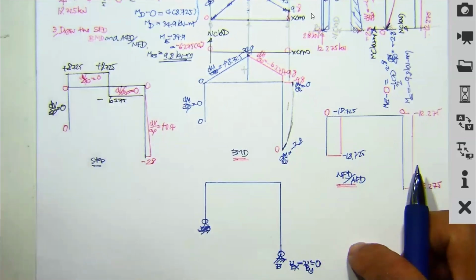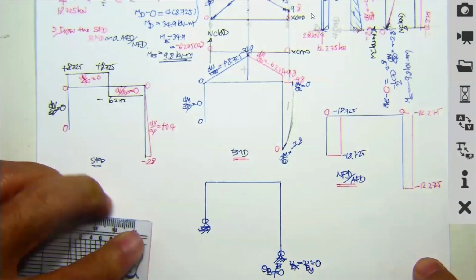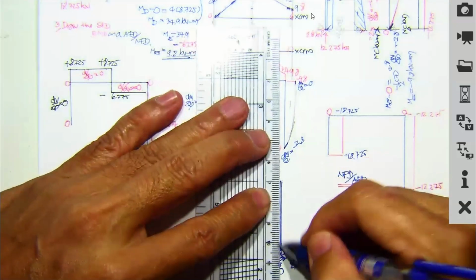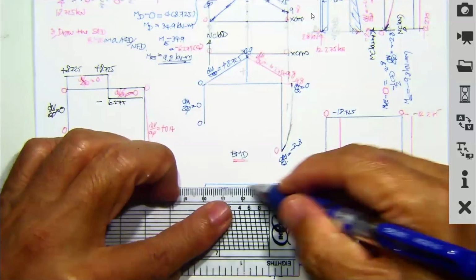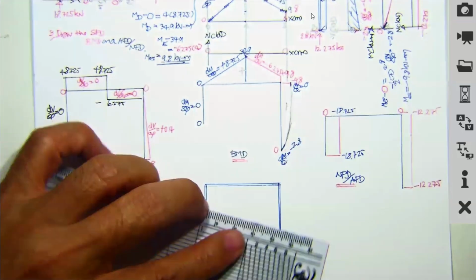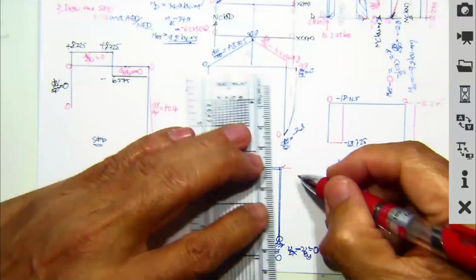And then over here we should have theta sub B won't be 0, since our frame is subjected to lateral load like this one also.